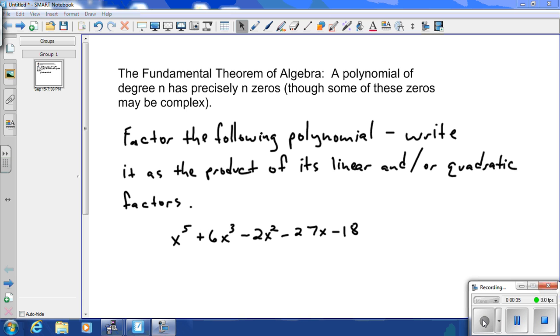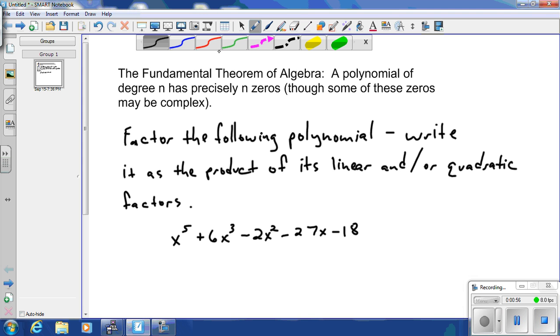So here we'll look at an example where we're going to factor a polynomial. Directions might say something like, write this as a product of its linear and/or quadratic factors, and that basically means just to factor this thing down as much as we can. If we had no other tools, we would use the rational zero test from last section.